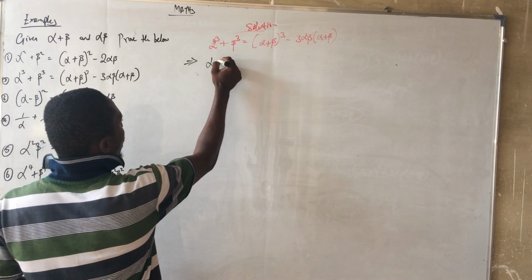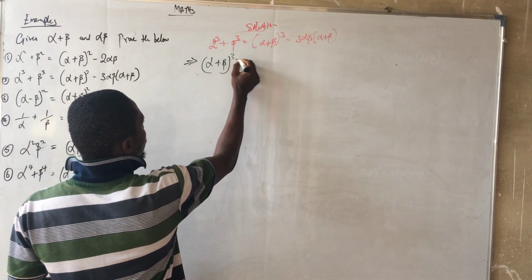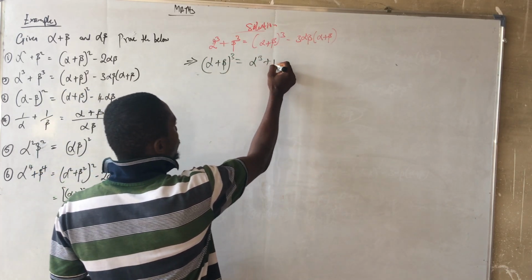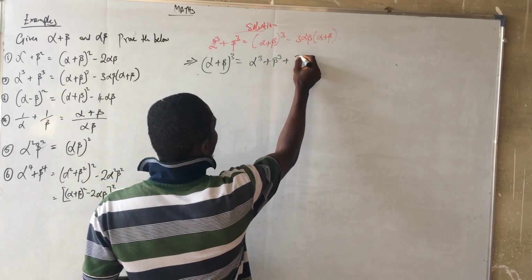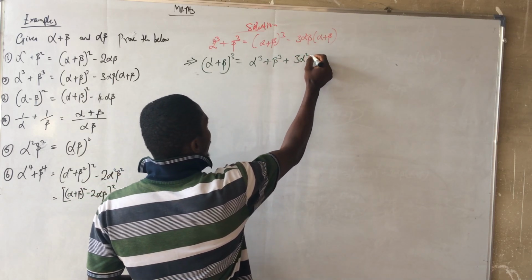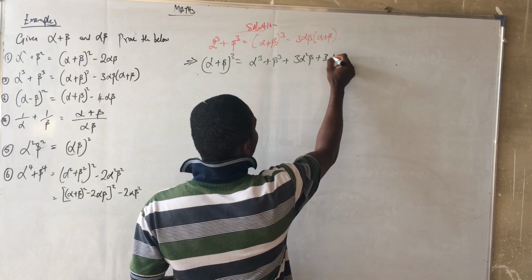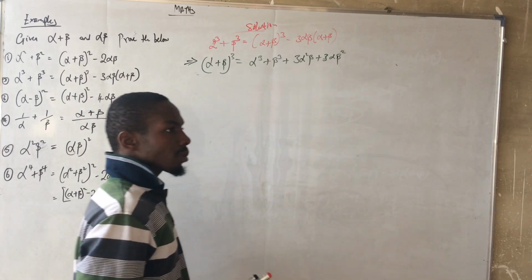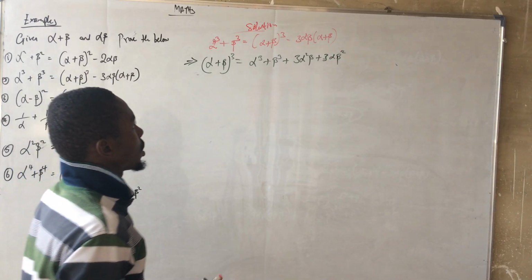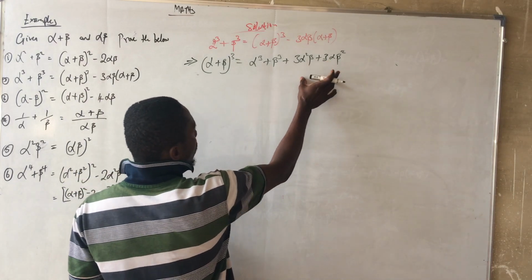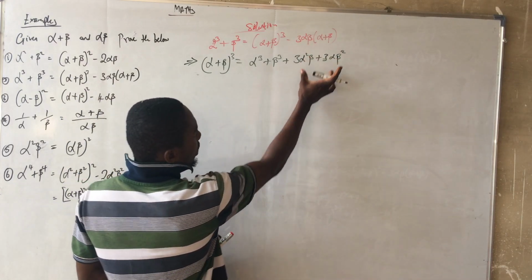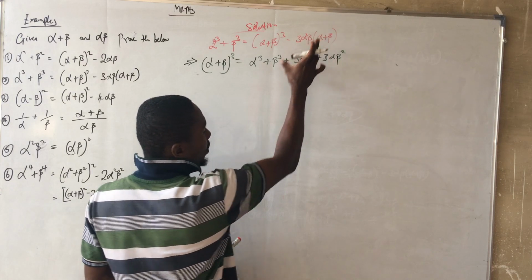So now alpha plus beta all cube is going to give me alpha cube plus beta cube plus 3 alpha square beta plus 3 alpha beta square. So now the next thing I'm going to do is make this look like this, because I'm seeing that this thing here can resemble this.